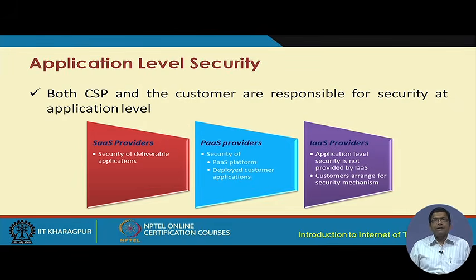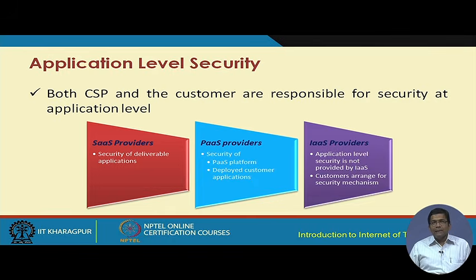At the application level, both the CSP and the customer are responsible for security. Not just the CSP, the customer also has to take care. So, if it is a SaaS cloud service provider, taking care of the security of deliverable applications should be their main focus from a security perspective.